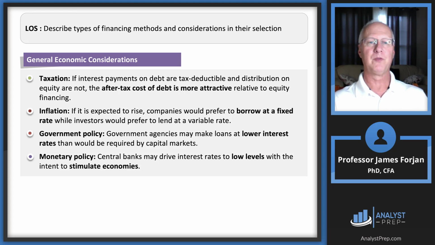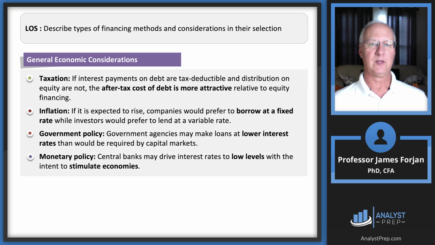But for our purposes here, what's important is that interest payments on the debt are allowed to show up on the income statement, which makes the tax liability less and makes the after-tax cost of debt more attractive relative to equity financing. Here, just remember this, that there's an interest expense on the income statement, but there's no such thing as dividends expense on the income statement.